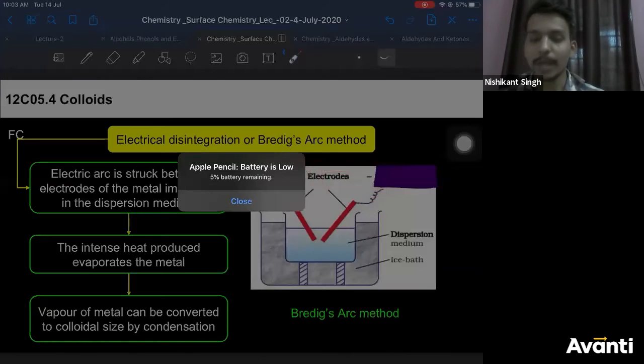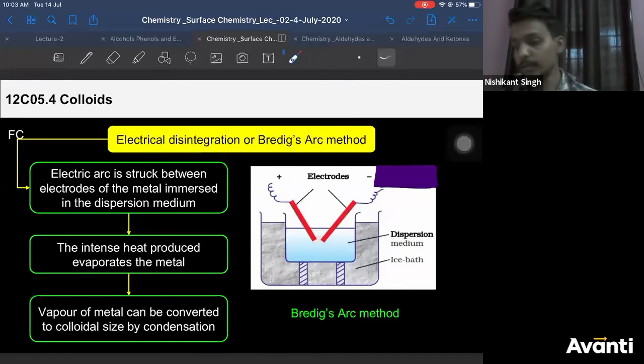So what happens when you pass a large amount of current through it? What happens when you pass a large amount of current through a metal? If you supply a lot of current through a metal, what will happen?